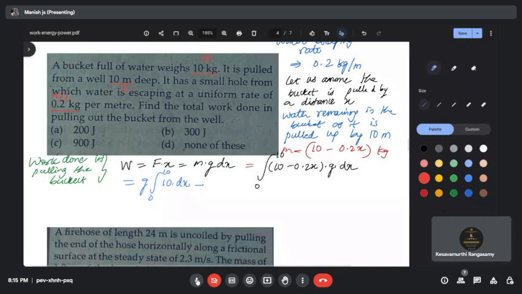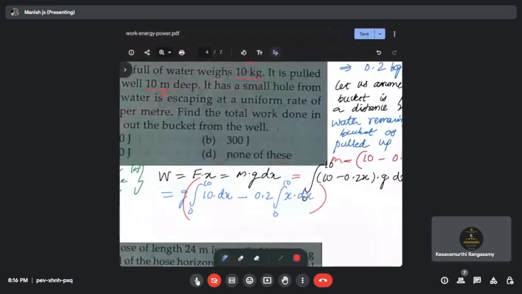You can put a big bracket, and then 0.2 is also common, integration of x into dx from 0 to 10, and then close the bracket. So here it's purely integration. Can you tell me what happens when you integrate this function?